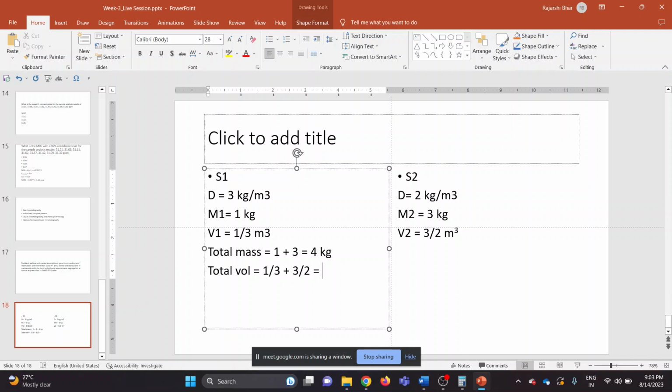So after that you can calculate the total volume. 1 by 3 is 0.33 plus 1.5 is equal to 1.83. So this is the total volume of the mixed waste, and this is the total mass of the mixed waste. So just divide mass by volume, and that is how we calculate the overall density of the mixed waste. Is it clear?